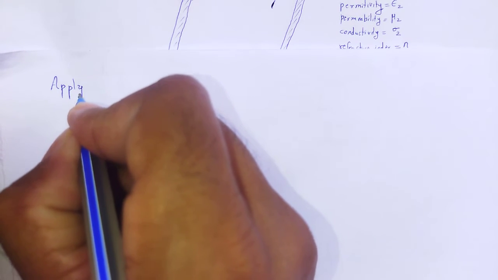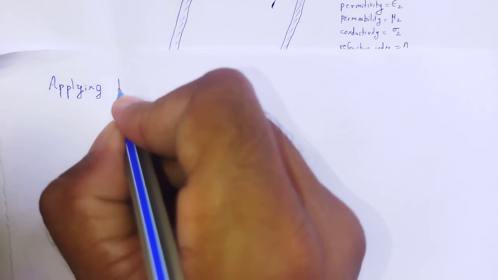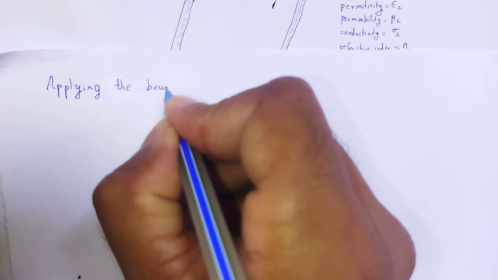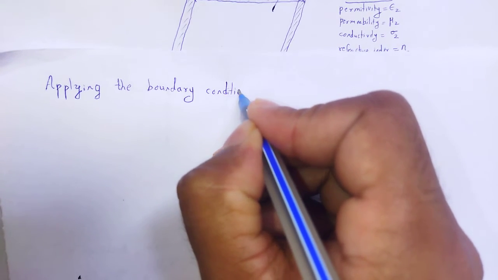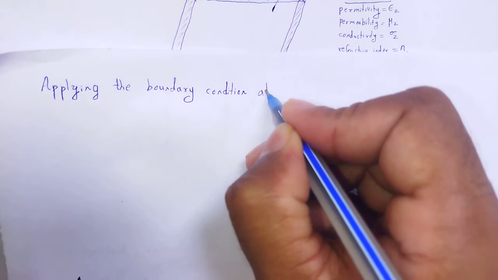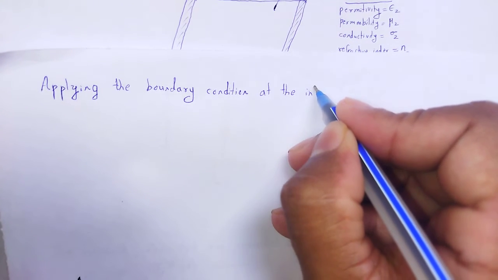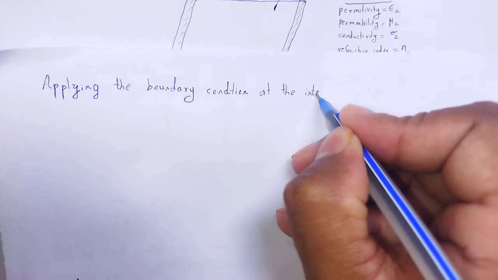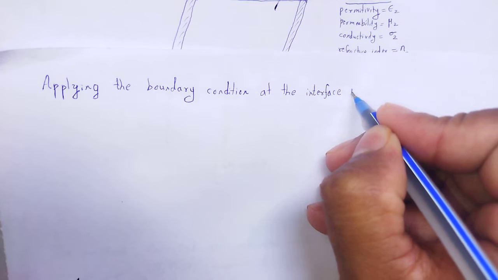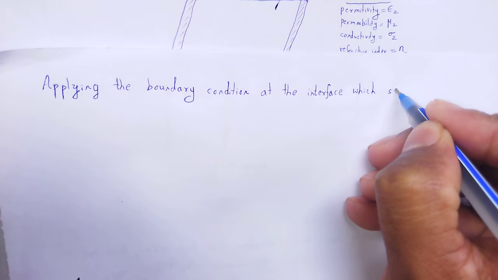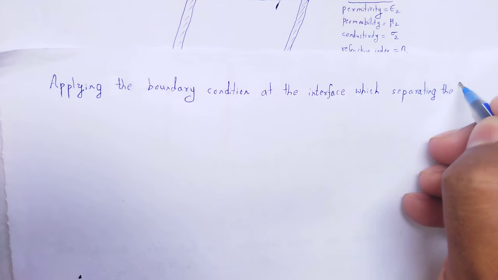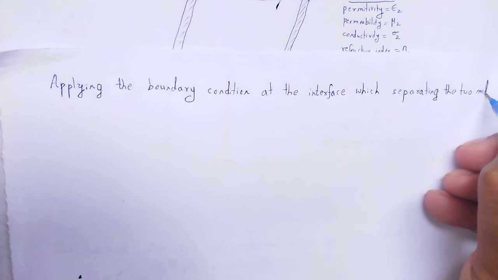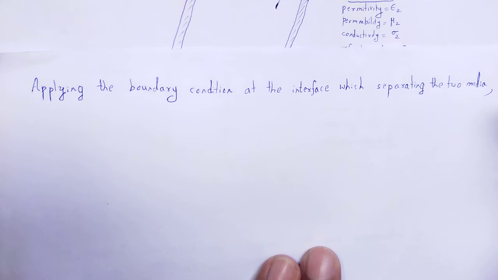Applying the boundary condition at the interface, which separates the two media named medium 1 and medium 2.